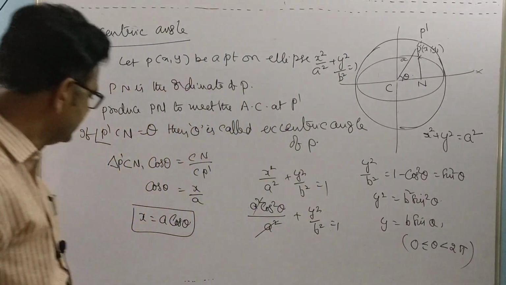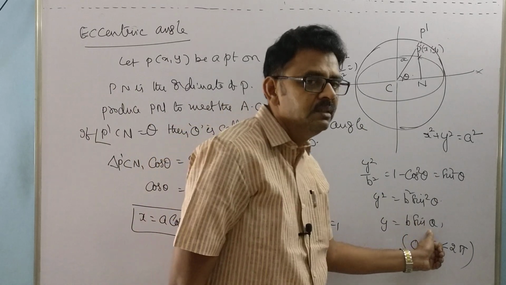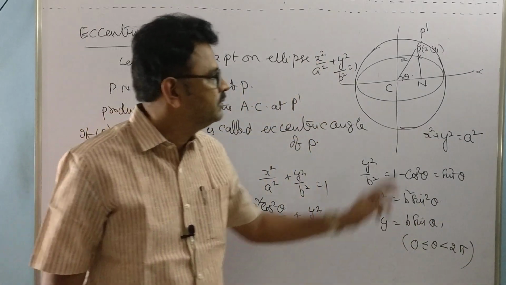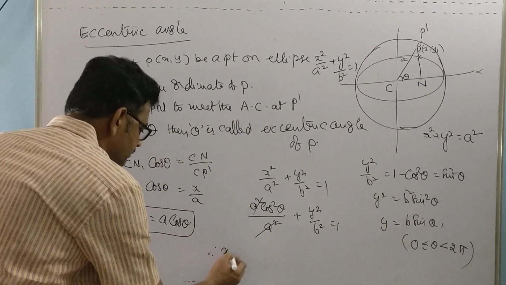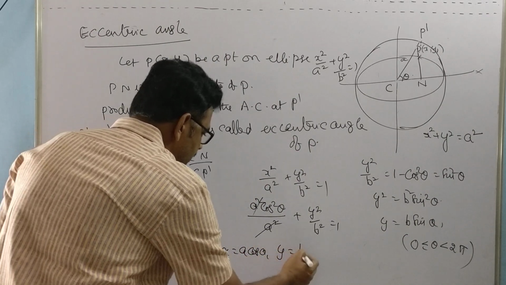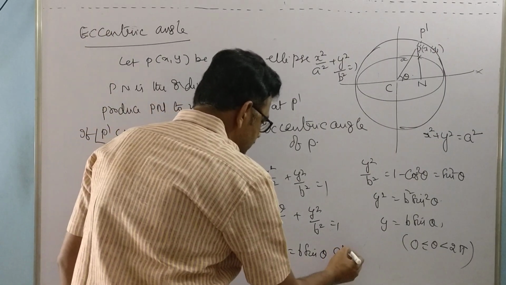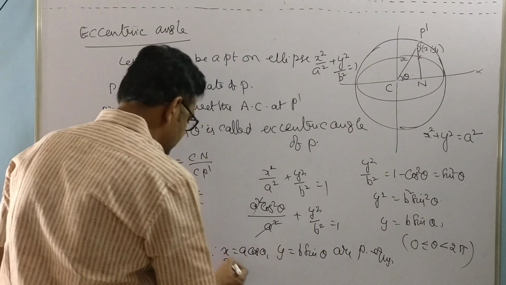Therefore x is equal to a cos theta and y is equal to b sin theta are the parametric equations of the ellipse.